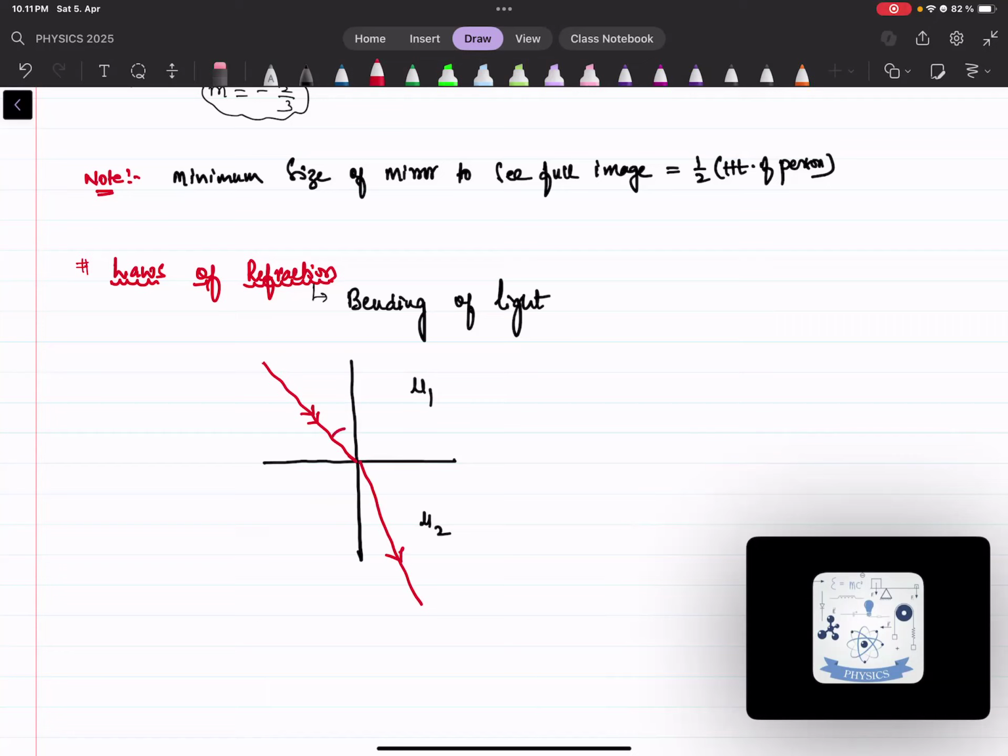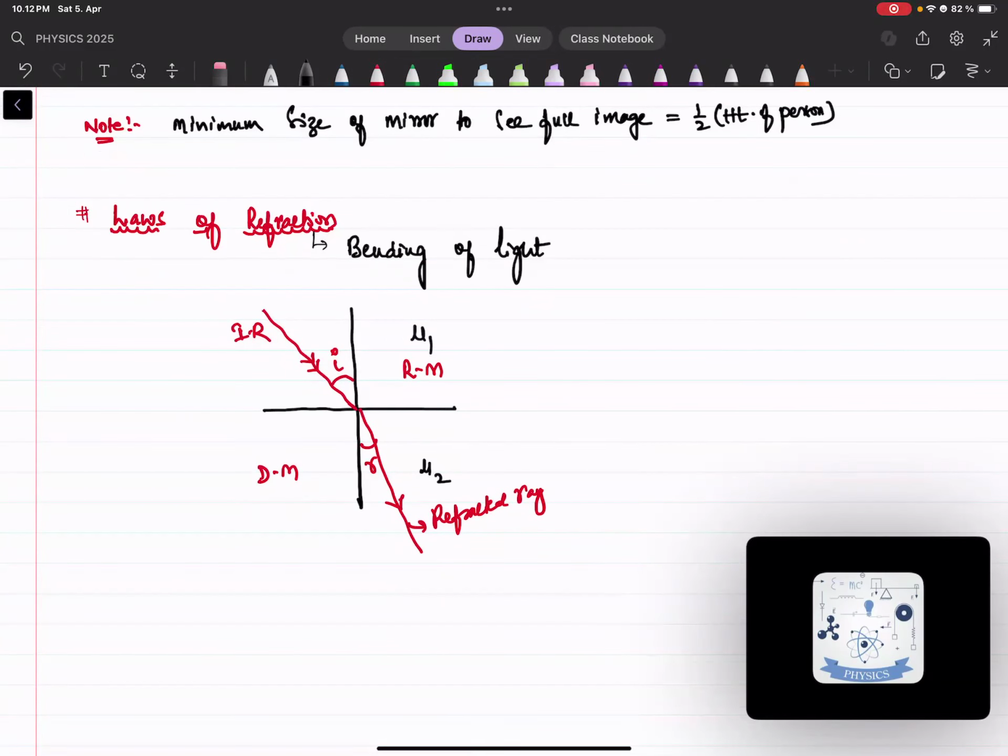This is your angle of incidence i, and this is your angle of refraction r. This one is your rarer medium and this one is your denser medium. So whenever a ray of light goes from one medium to another, it bends towards the normal when it is moving from rarer to denser.